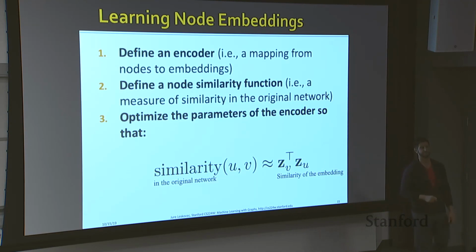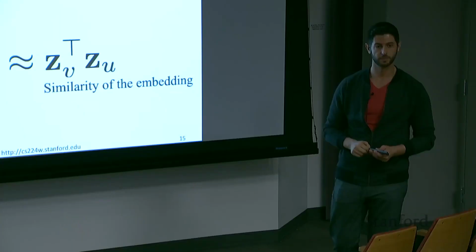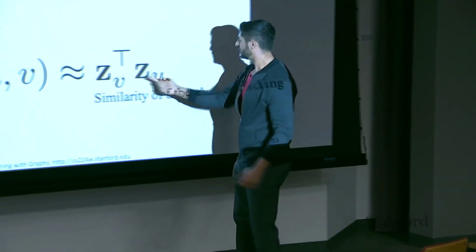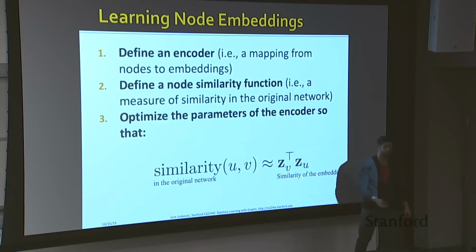Question: to measure the similarities, is it like cosine distance, or? Yeah, exactly. What I was mentioning before is represented here as the dot product. It can be the cosine distance. We're going to be seeing the cosine similarity. We're also going to be seeing different ways to aggregate this vector representation, so maybe you will want to sum them, or you want to get the average.